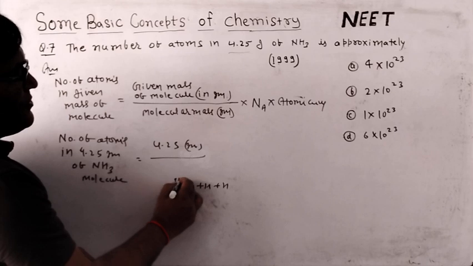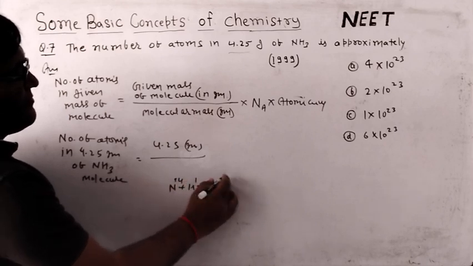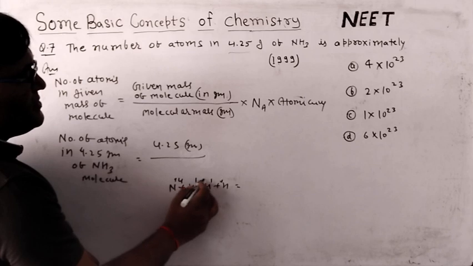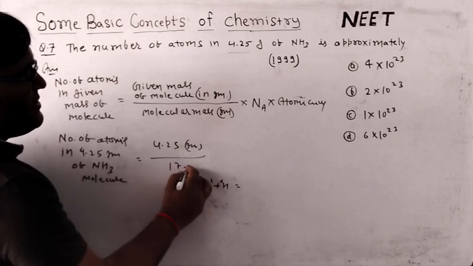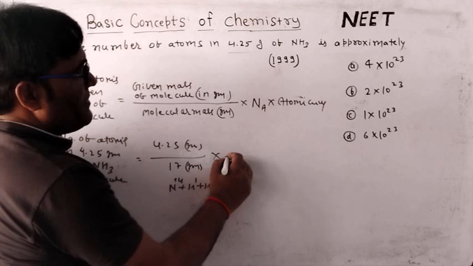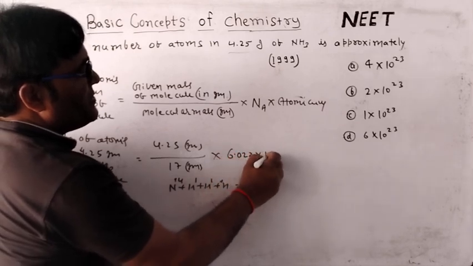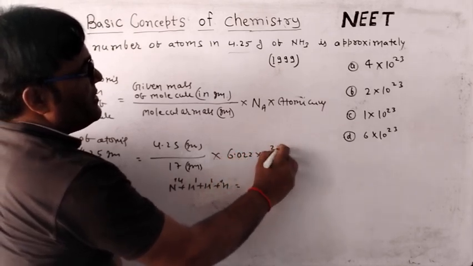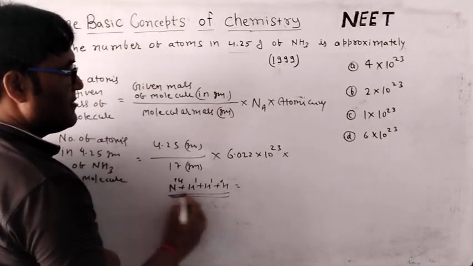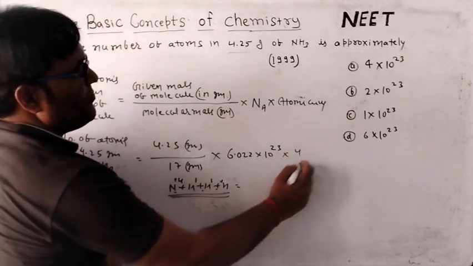Here N is 14, H is 1, so 14 plus 1 is 15, 16, 17, so 17 gram is the molecular mass of ammonia. Now multiply by Avogadro number 6.022 into 10 to the power 23 and multiply by atomicity, the total number of atoms present in the ammonia molecule: 1, 2, 3, 4, so atomicity is 4 here.